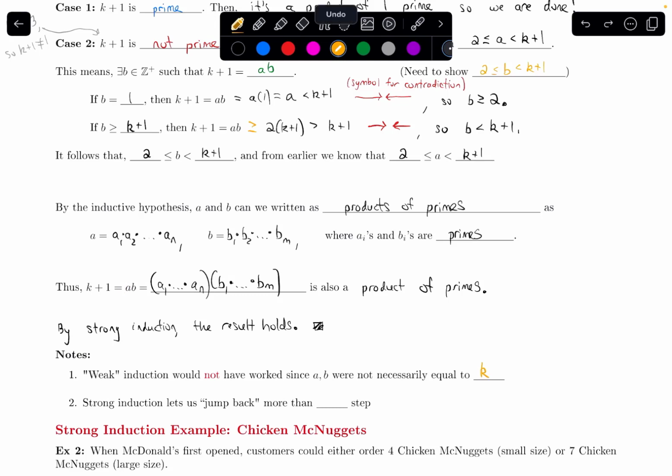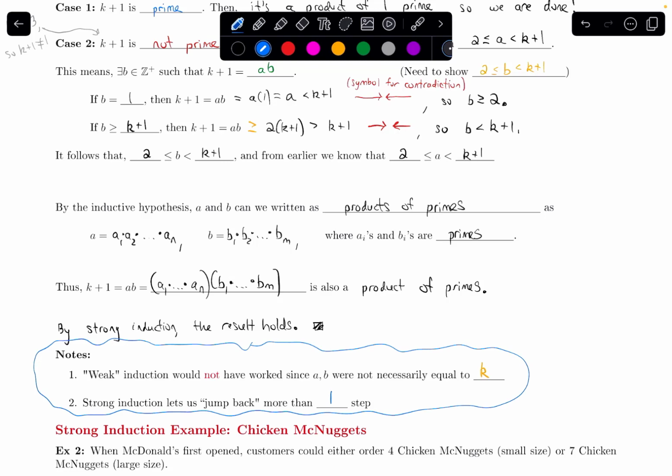So strong induction lets us jump back more than one step. The fact that a and b could have been integers further back than just k was okay because of strong induction, but it wouldn't have been if we just had weak induction. All right. And there we have it, our first proof with strong induction.